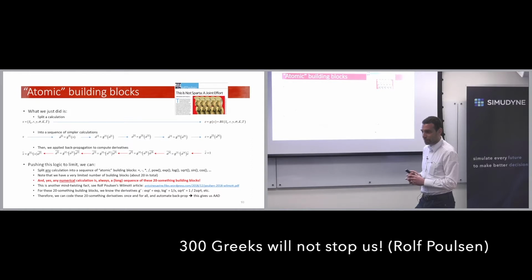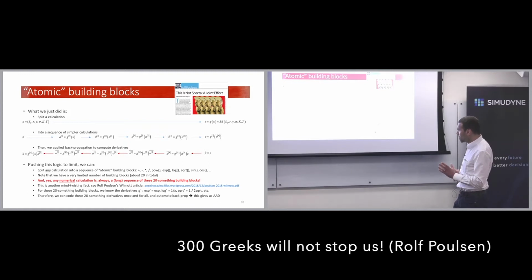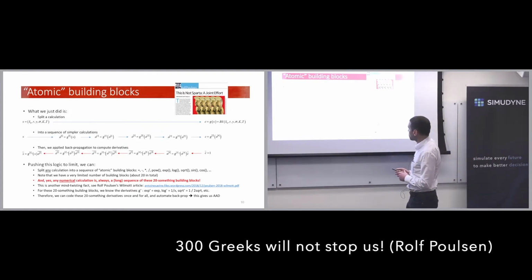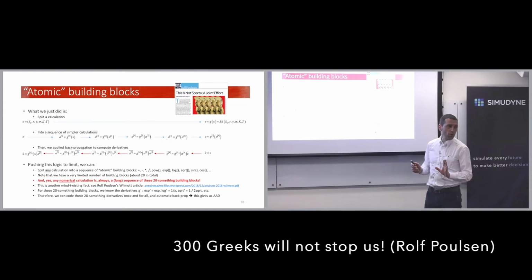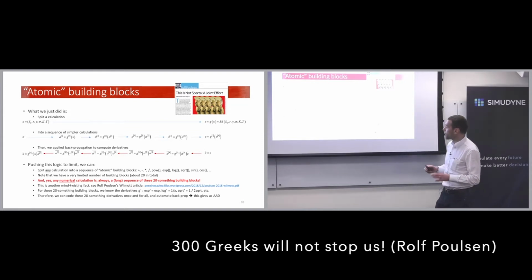And in particular, he insists on the fact that, well, yes, any calculation is a sequence of a limited number of building blocks. And for these 20-something building blocks, obviously we know their derivatives. We know that the derivative of exponential is exponential, the derivative of log is 1 over x, the derivative of square root is 1 over 2 square roots. We know that, and we can tell that to the machine once and for all.